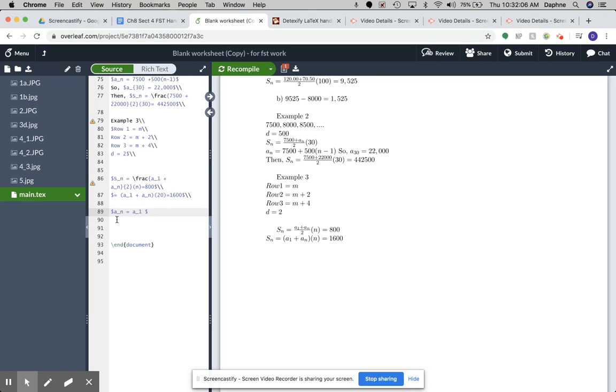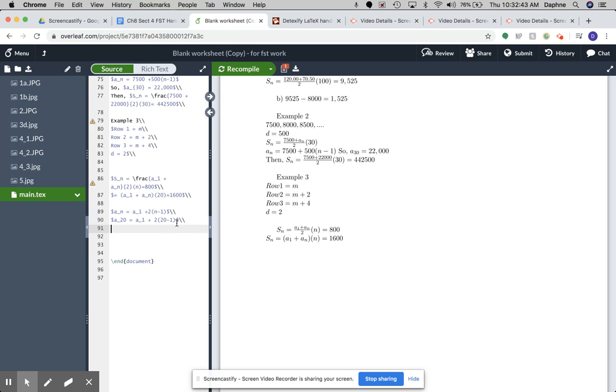So I have the mysterious nth term, nth row, equals the first row. I need to add 2 more to the number of rows that we have. So I need n minus 1, because if I'm technically wanting the nth term, this is the same thing as saying a sub 20, because we know what the last term is going to be: a sub 1 plus 2 times 20 minus 1.